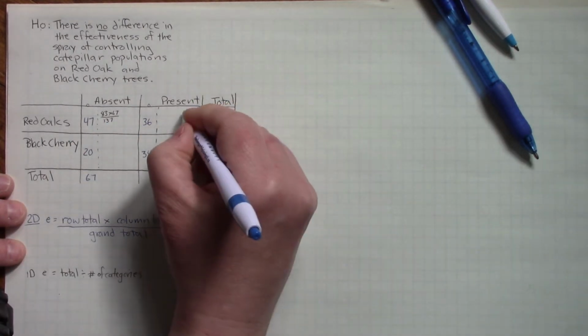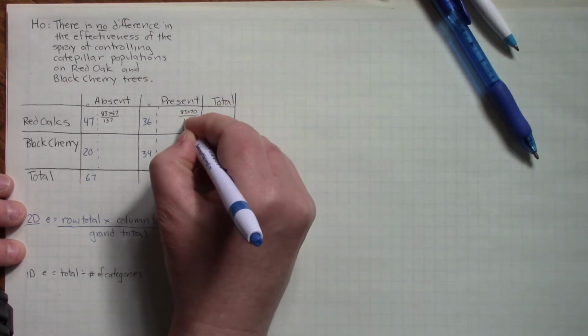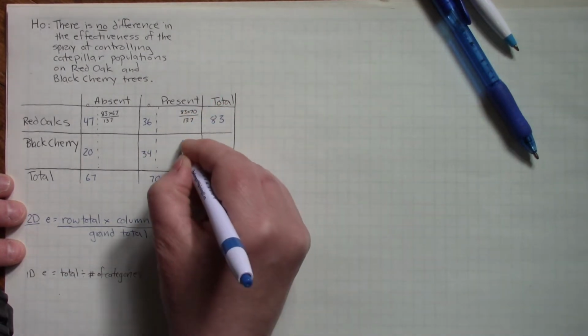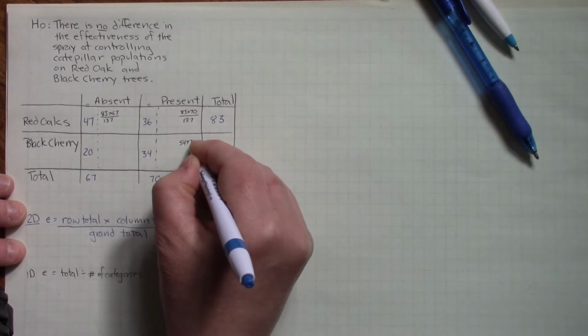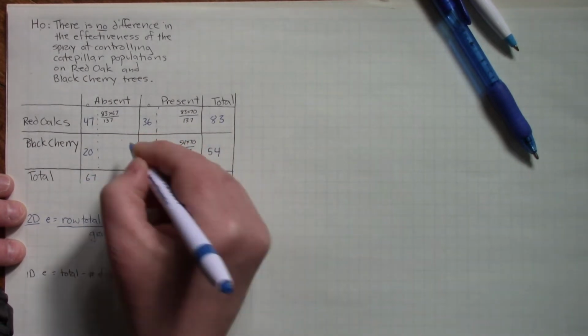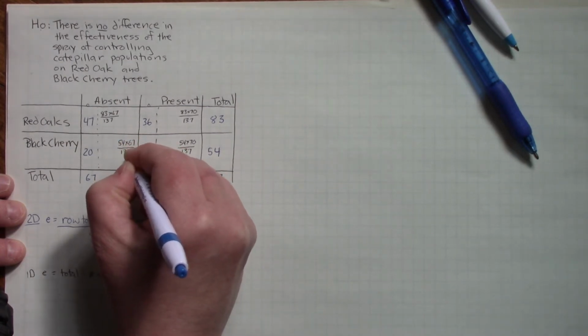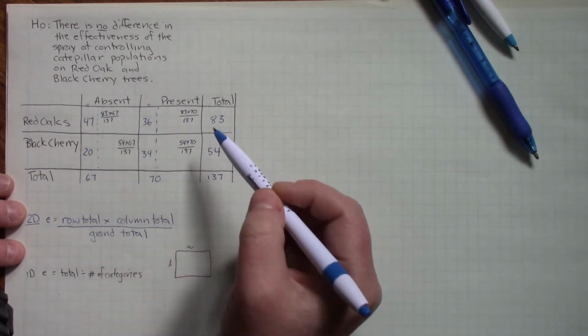And it's different for each one. 83 times 70 divided by 137. This one's 54 times 70 divided by 137. And this one is 54 times 67 divided by 137. So they're each slightly different.